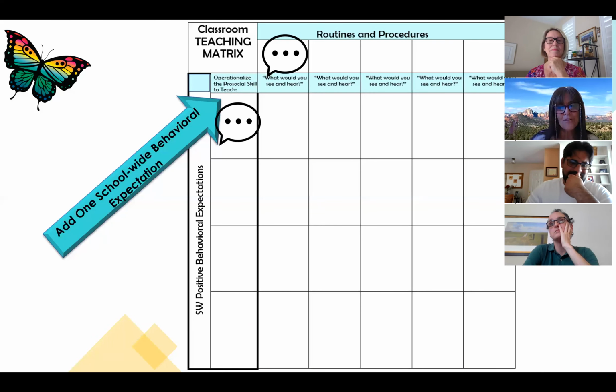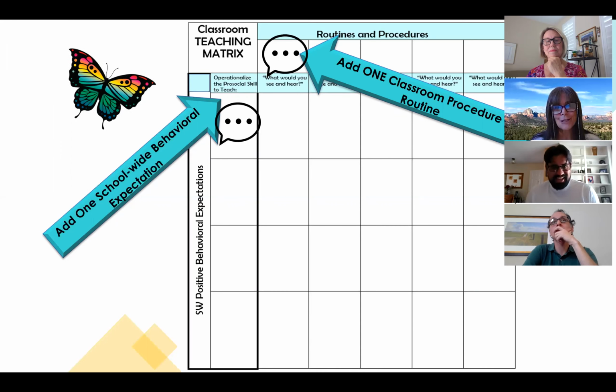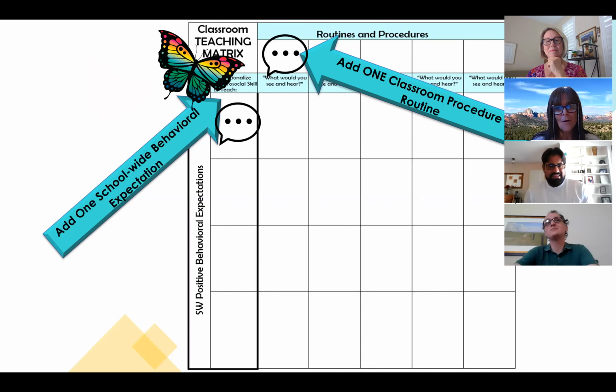And then above that is a routine or procedure that you are using right now in your virtual classroom, or one that you use in your physical classroom. So you're going to personalize this matrix right now. Those are the only directions, just 2 things to write down, or if you'd like, just put them in the chat box.